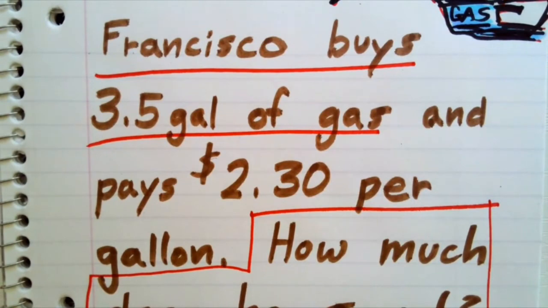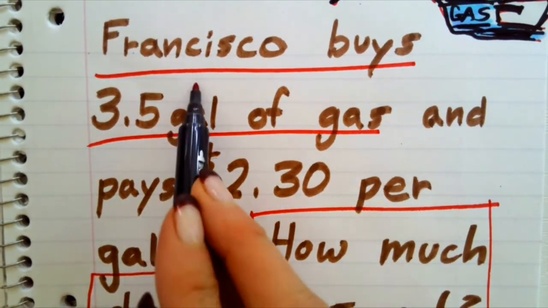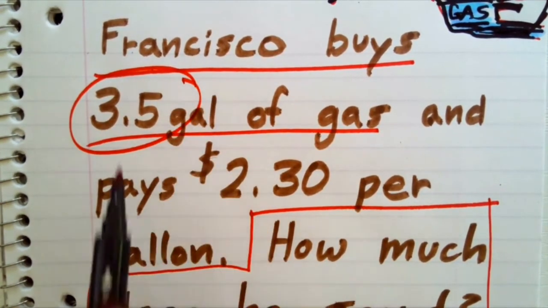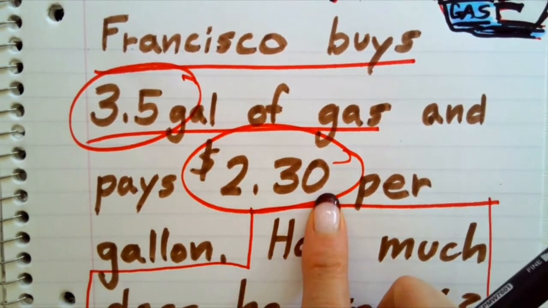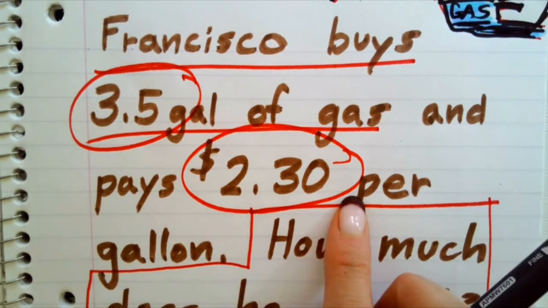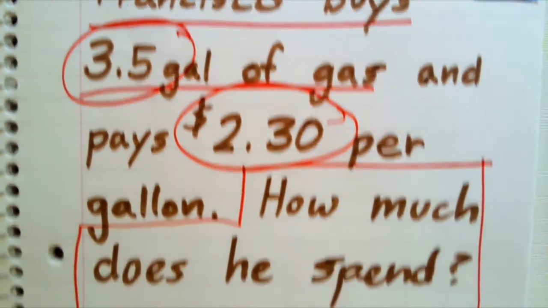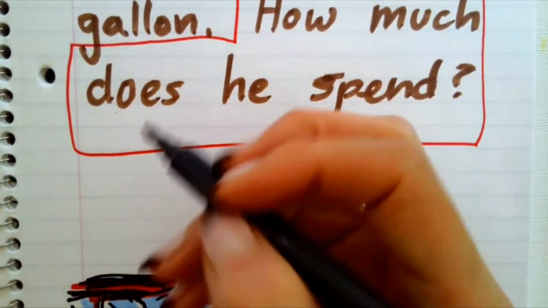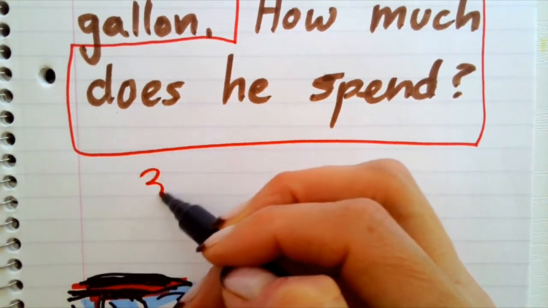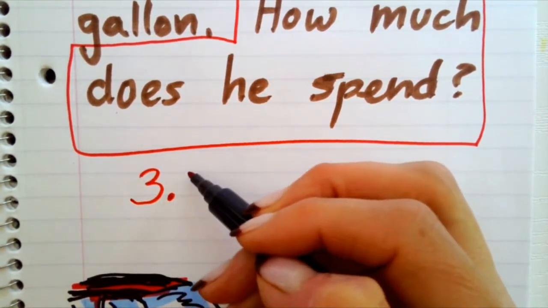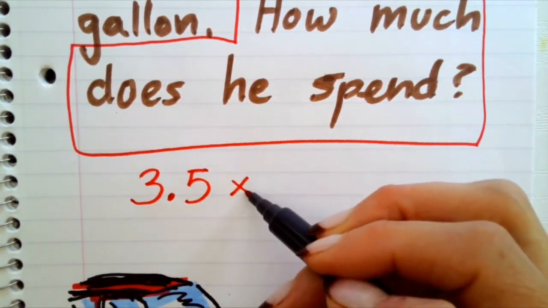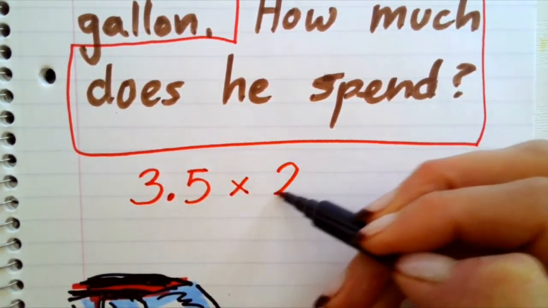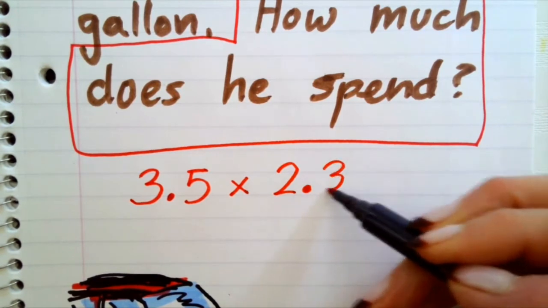What numbers are we working with? 3 and 5/10, $2.30, or 2 and 30/100. Let's write the equation. 3 and 5/10 times 2 and 30/100.